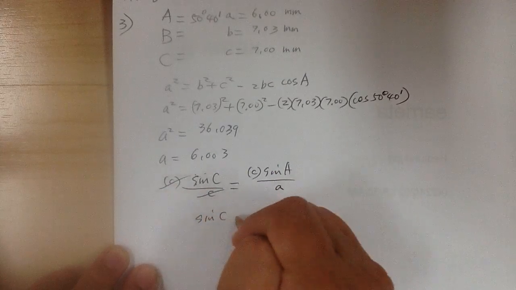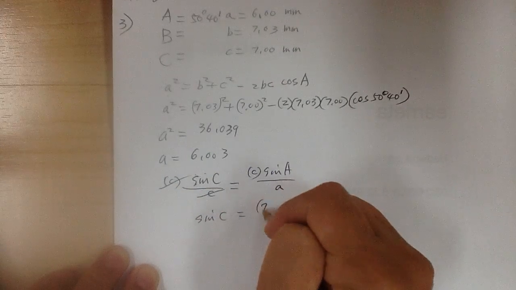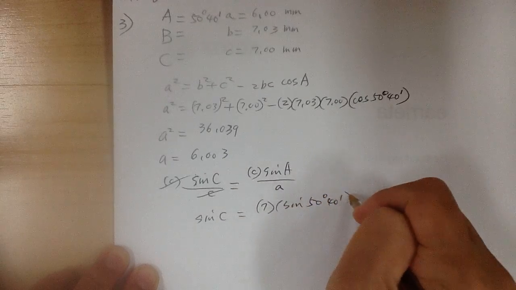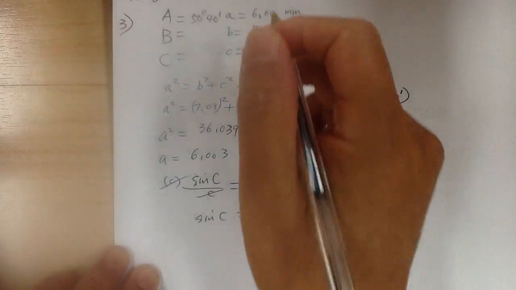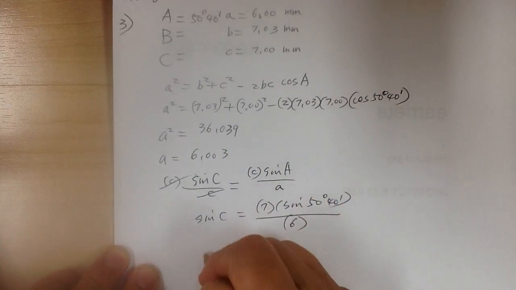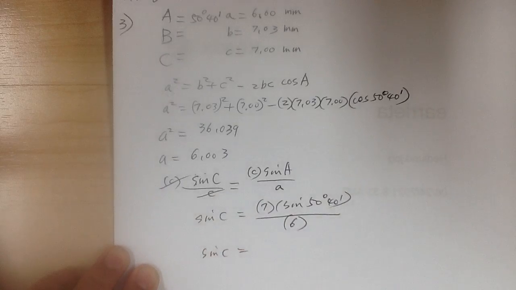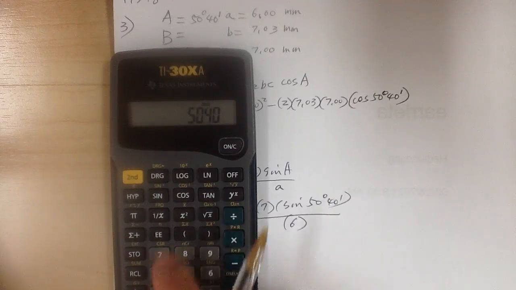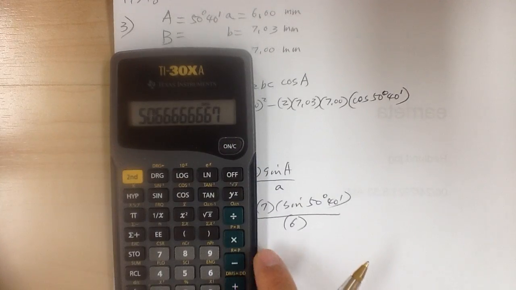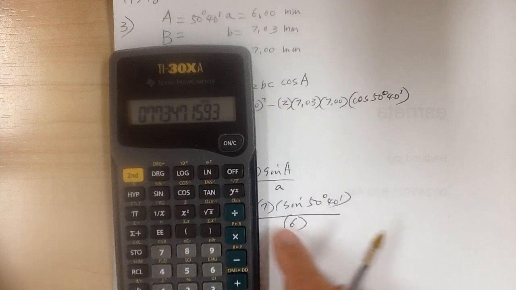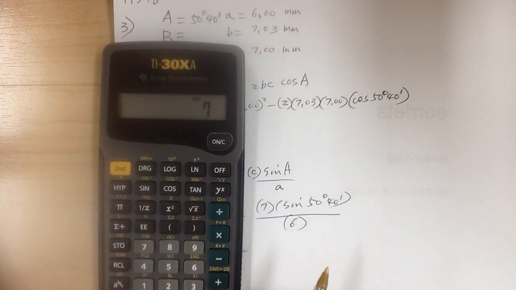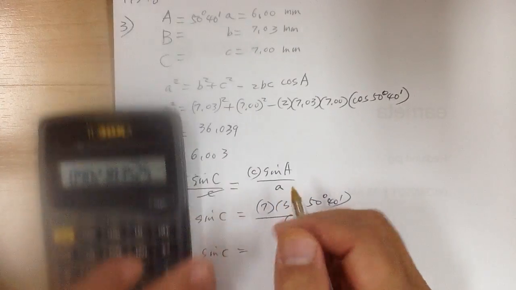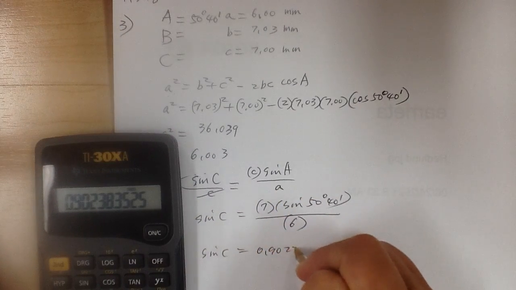So sine C over c equals sine A over a, so multiply by c. Sine C equals 7 times sine of 50 degrees and 40 minutes over 6. So I take 50.40 in decimal degrees, sine of that, times 7, divided by 6. Sine C equals 0.90238.